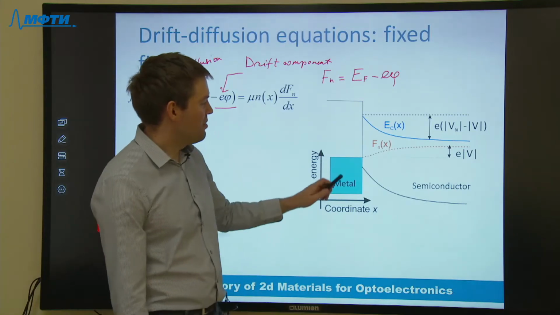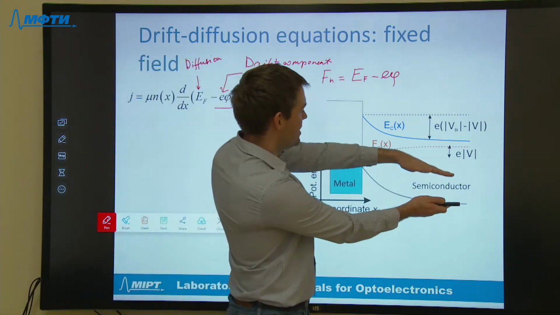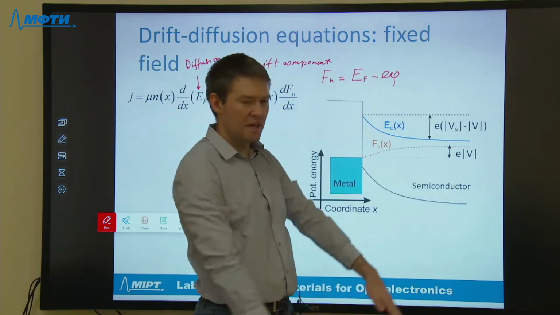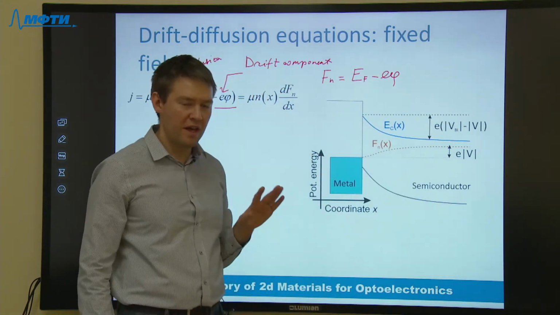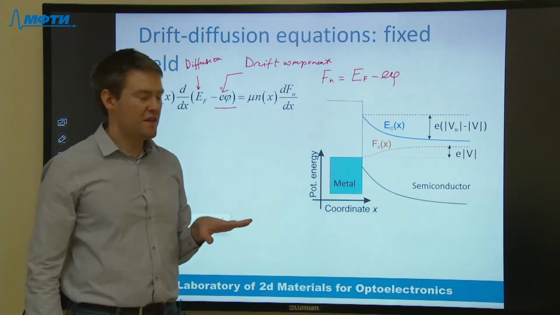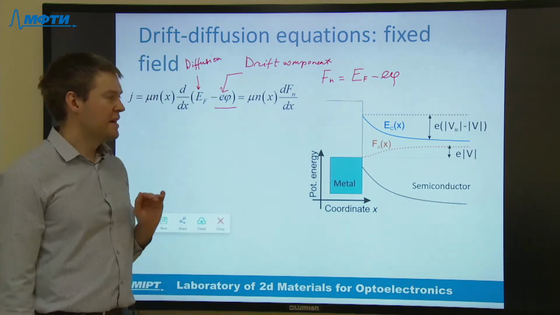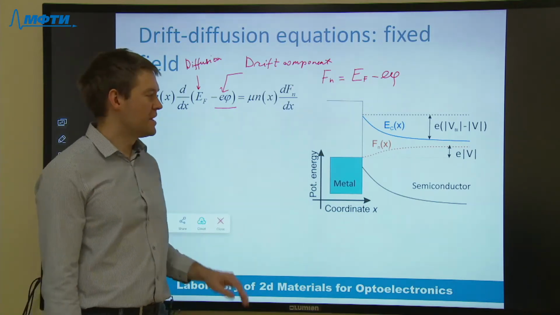So we have biased a junction slightly so that the barrier has reduced compared to the equilibrium situation. This is the so-called forward bias, when we expect exponentially increased current.